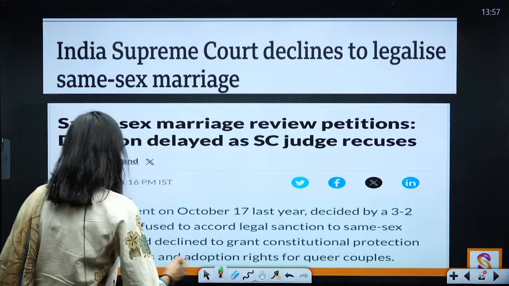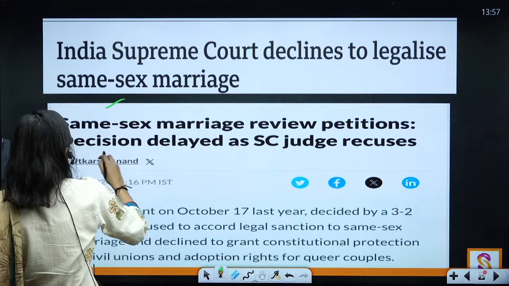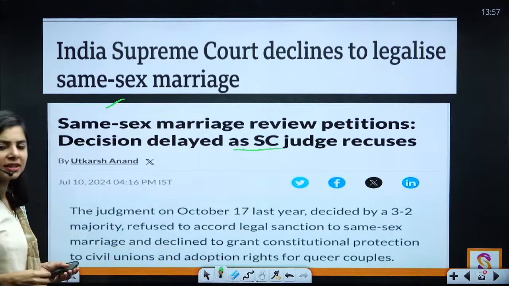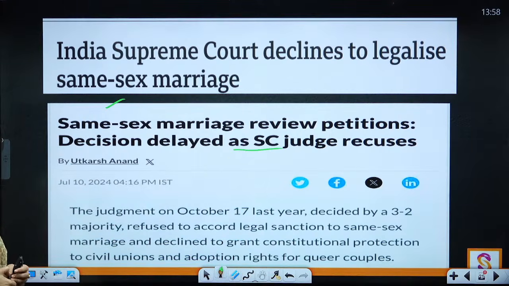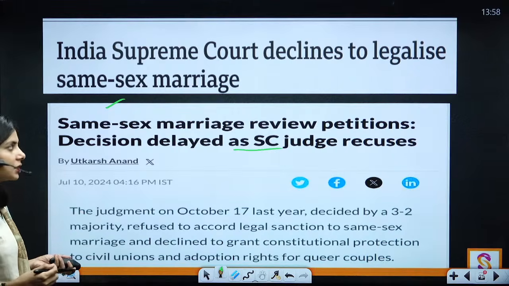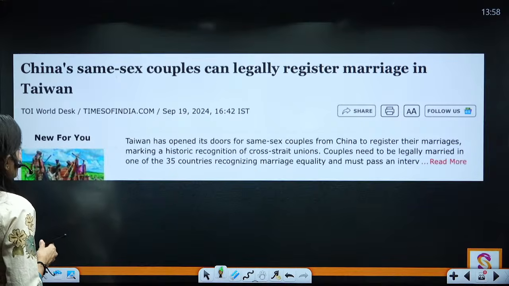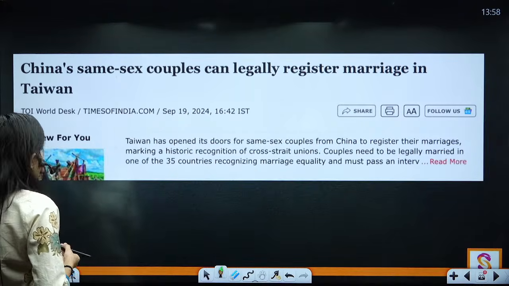Okay. Now, same sex marriage review petition decision delayed as a Supreme Court judge recuses. This means the Supreme Court judges are again not giving an appropriate explanation about it. Now, Chinese same-sex couples can legally register marriage in Taiwan.